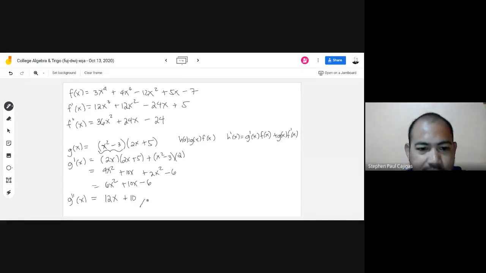So this is the second derivative, 12x plus 10. So it is that simple.